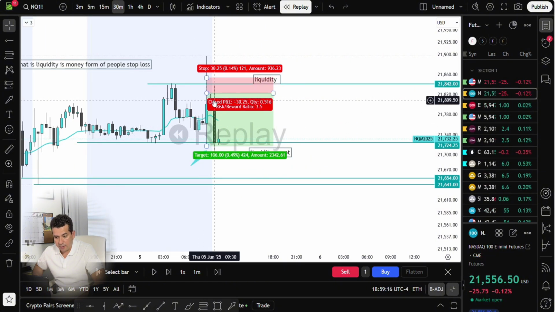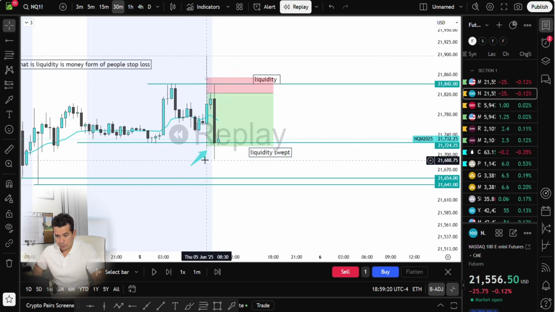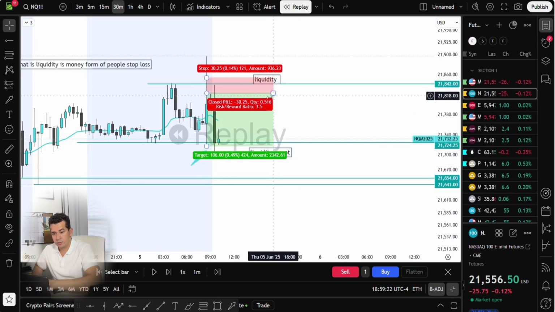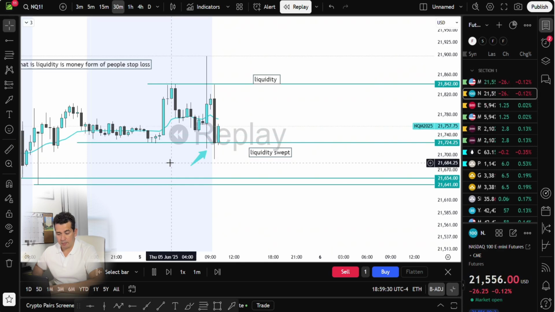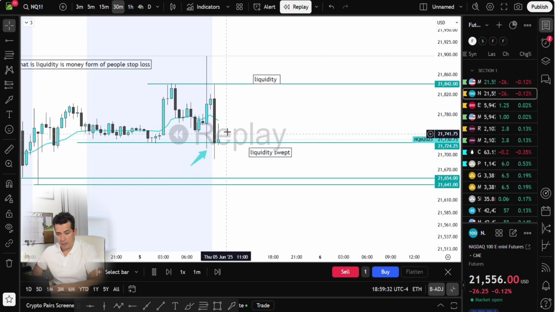So this is the black 9:30, and then let's take this out. See how price reacts to it. At 9:30, just stay on the side waiting to see what price tries to do.